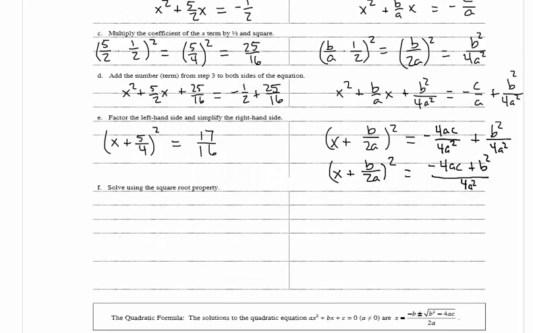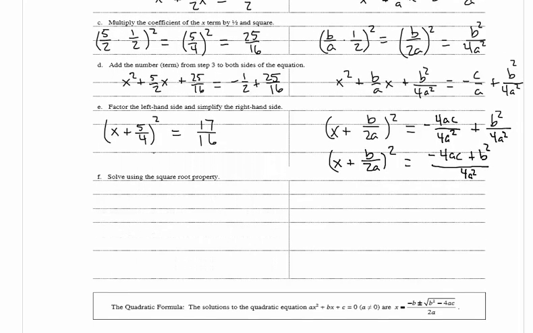And now it wants us to solve using the square root property. So the first thing I'm going to do with the first equation is take the square root of both sides, and when I do, I get x plus 5/4 is equal to plus or minus the square root of 17 over 16.